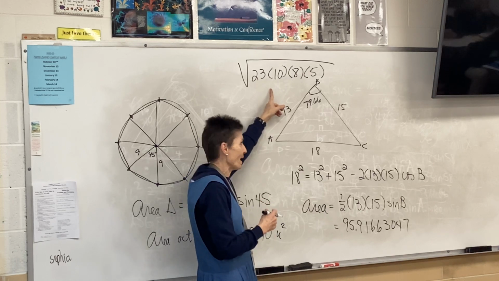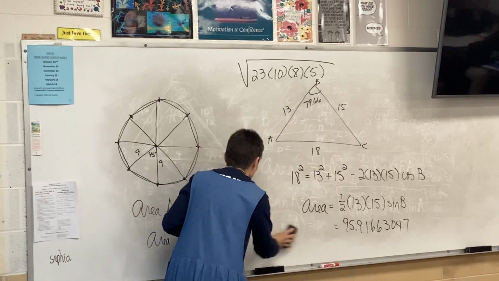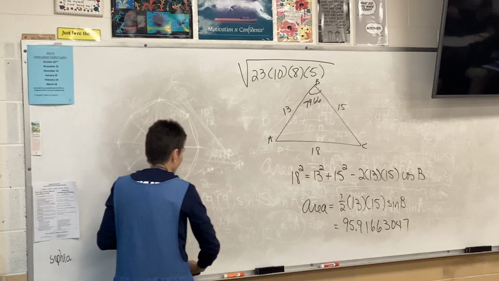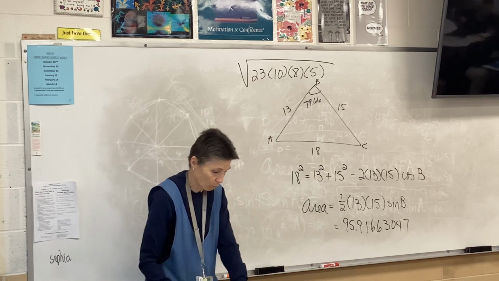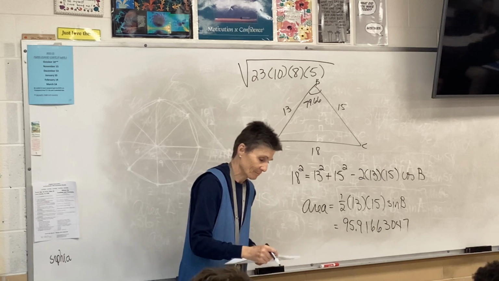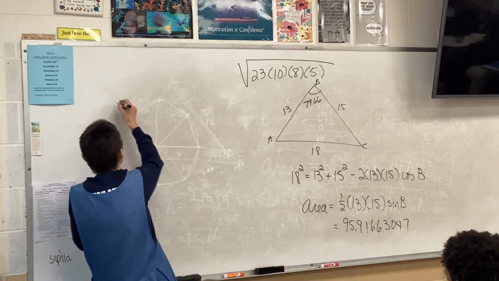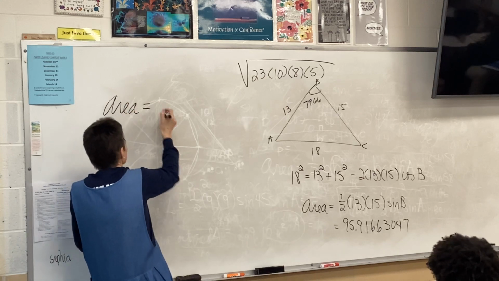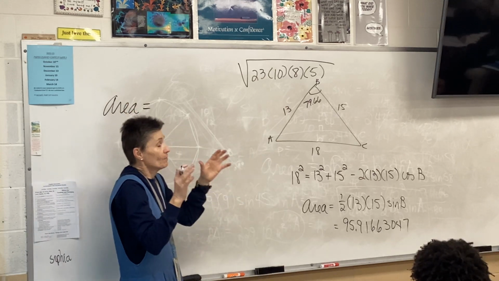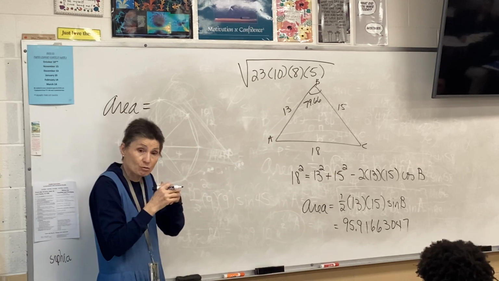So let's talk about finding the area of a triangle using what's called Hero's formula or Heron's formula. So turn the page. Heron's formula is another way of finding the area of a triangle.